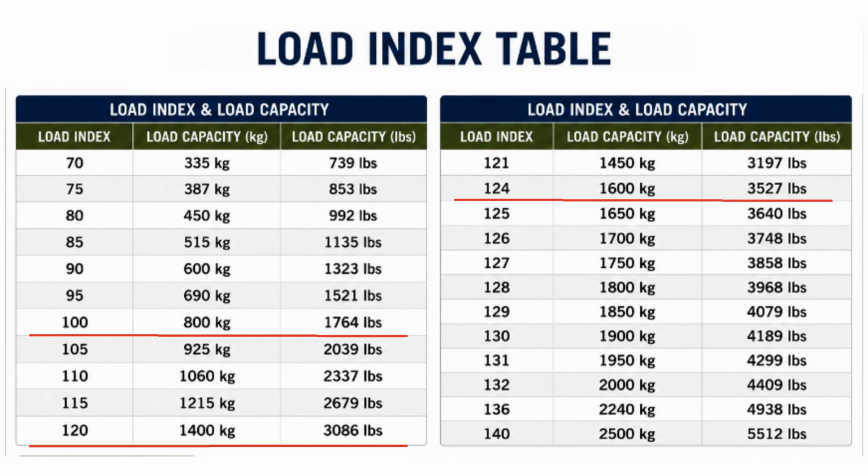In our example, the load index is 124. From the table, this corresponds to a maximum rated capacity of approximately 1,600 kilograms, or 3,527 pounds per tyre. Engineers must still consider inflation pressure, vehicle load distribution, dynamic loading, operating speed, terrain, and safety margin before final tyre selection.